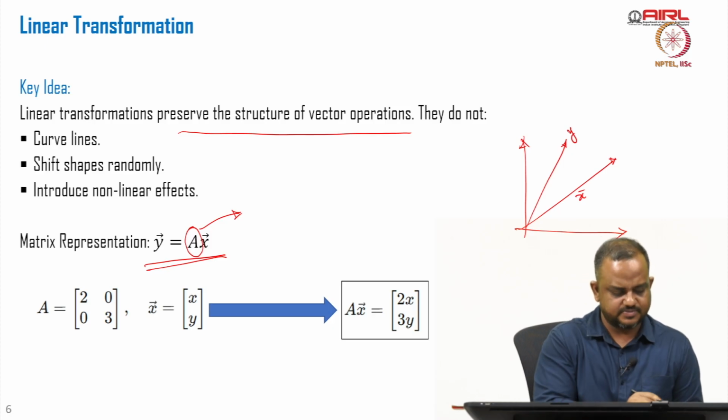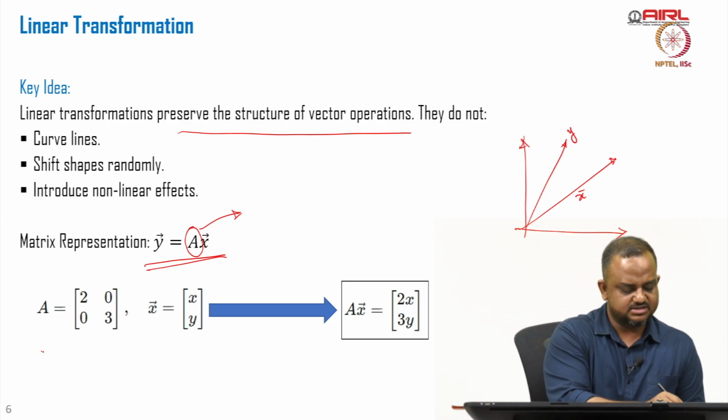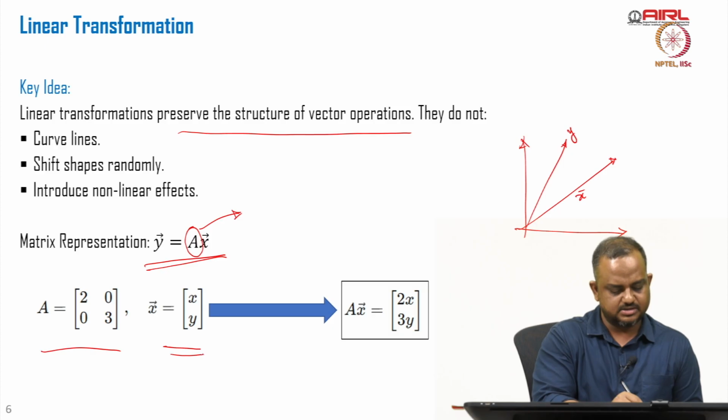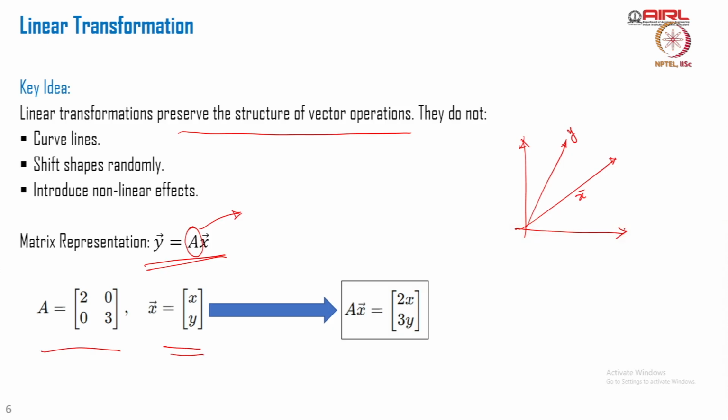So as an example, you can see that a vector v is x and y in a coordinate frame. When it's projected on the x and y axes, we have coordinates small x and small y like this.